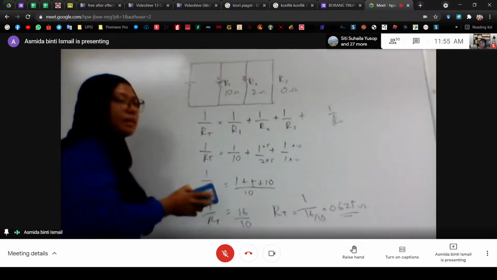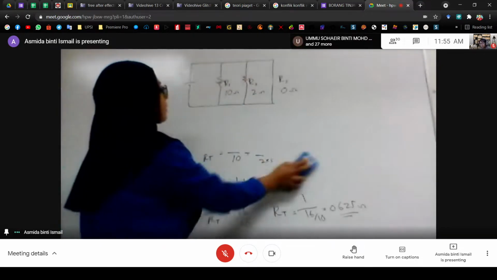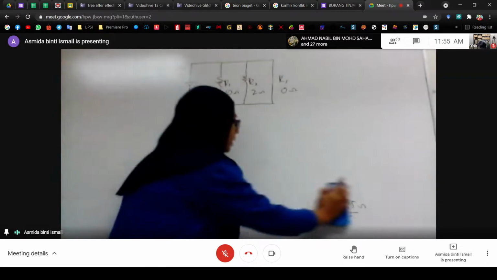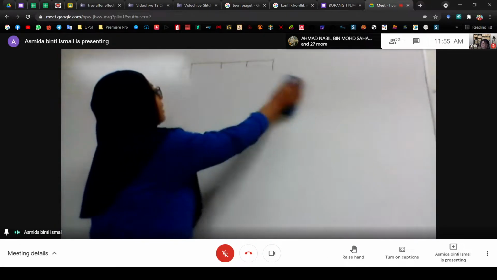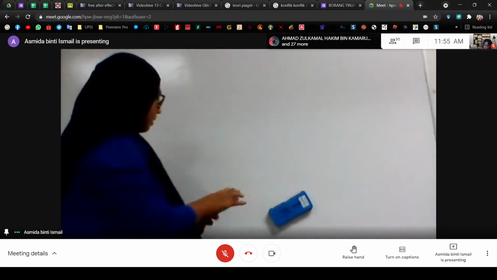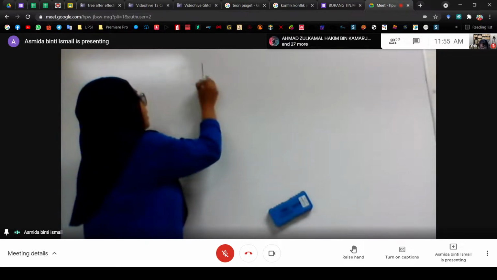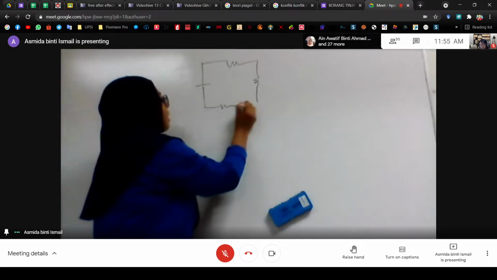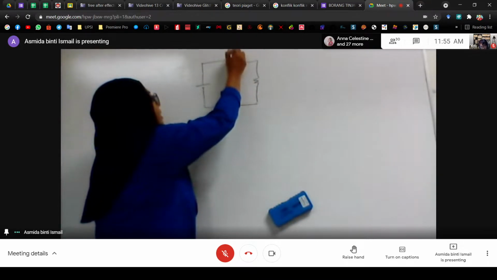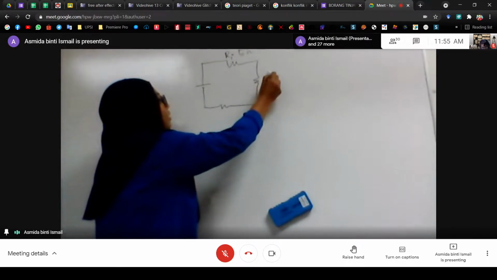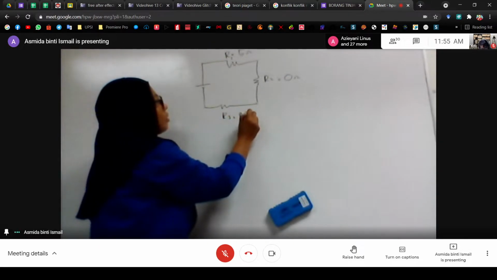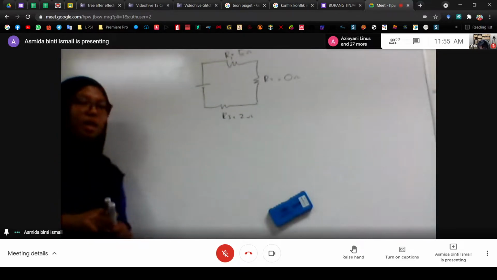Tapi, for series circuit, okay, this I said about the parallel circuit, okay, but for the series circuit, okay, series circuit, if you have, okay, R1 is equal to 5 ohm. Okay. R2 is equal to 0 ohm. R3 is equal to 2 ohm. Okay.